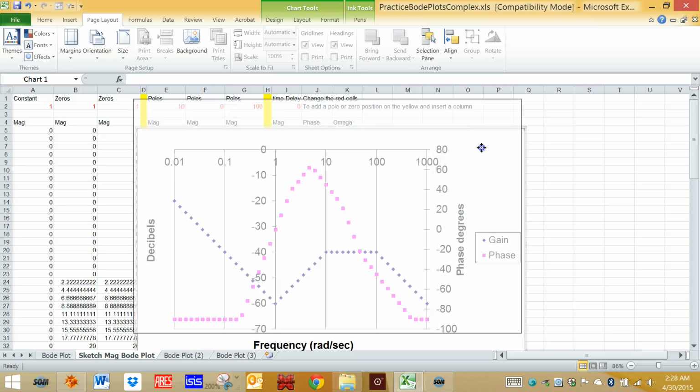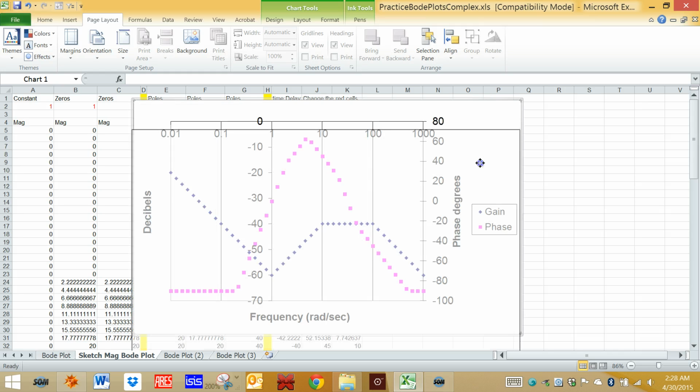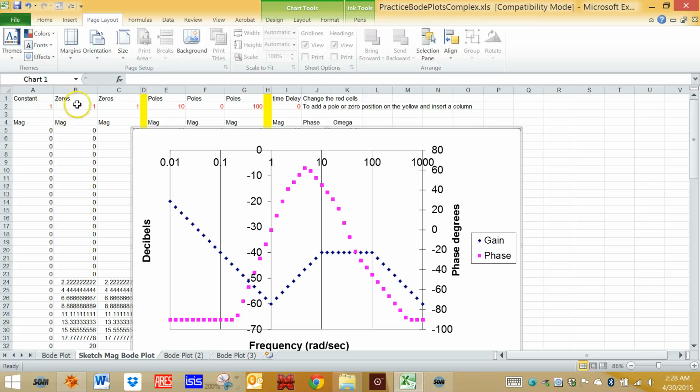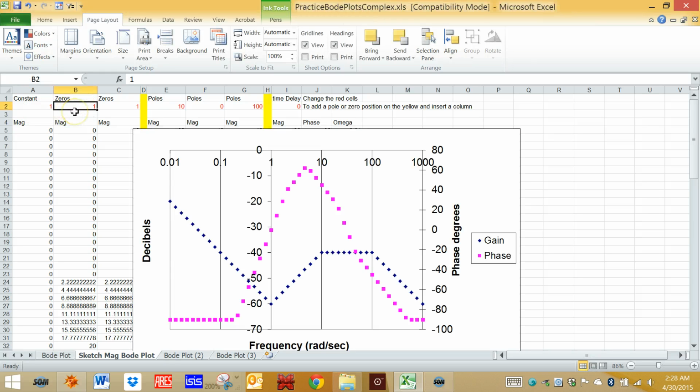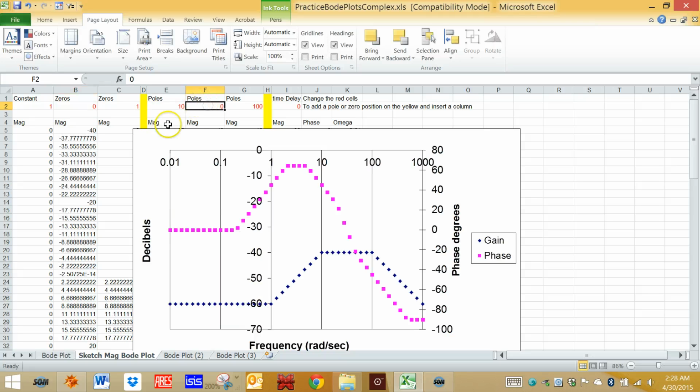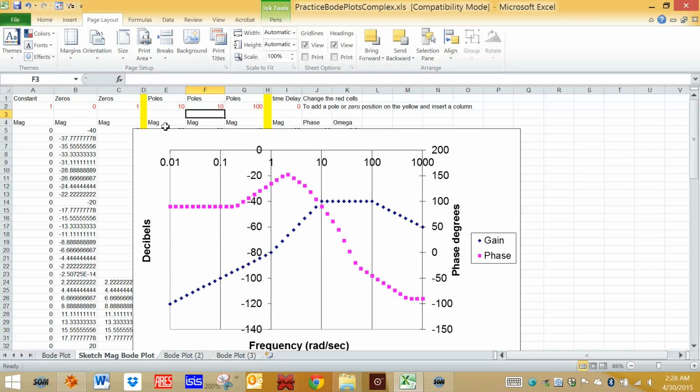So that demonstrates, well, let me show you what would happen if you had an S plus 0 and an S plus, we'll put a 10 in here. Okay, so now what happens is this S plus 0 term right there causes it to have an initial positive slope, because at this frequency you're already past S plus 0.